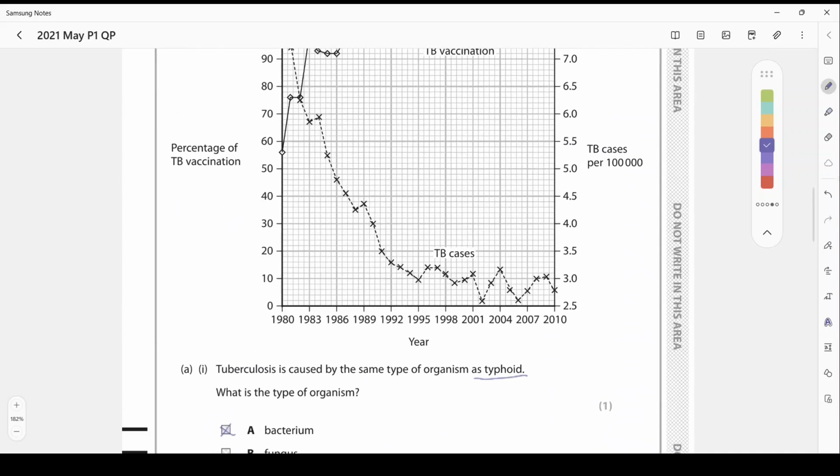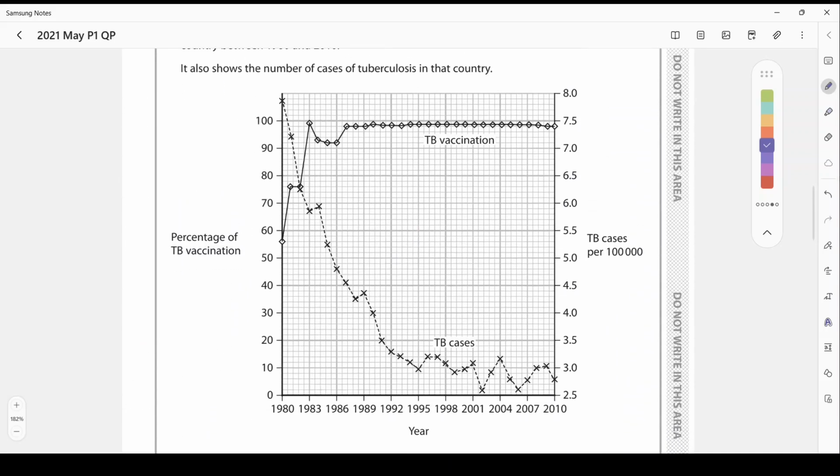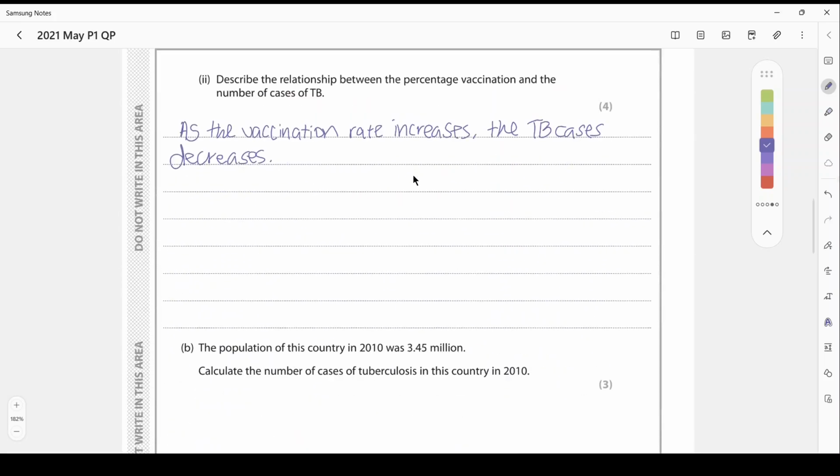If we scroll back up, another thing that we also notice is that even though the vaccination rates have reached about 100% in 1983, the cases for tuberculosis still continues to go down. So we can also mention that as well.